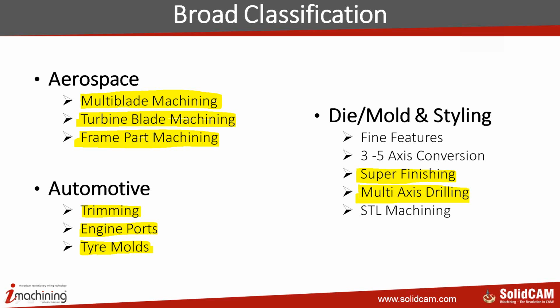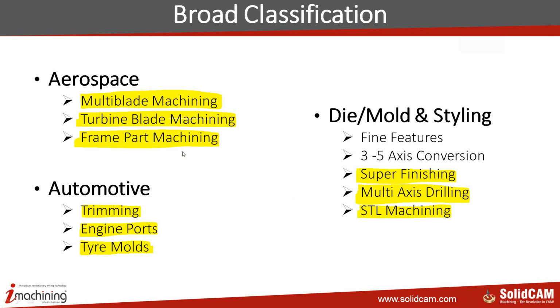It can now handle holes with different colors. You can specify colors of holes. And then we have STL machining, more used for styling, where you get the input as an STL file, and you can directly machine an STL file both in 3 and 5 axis without having to create any surface out of the STL geometry. So I'm going to start with the frame part, which is basically the swarfing.